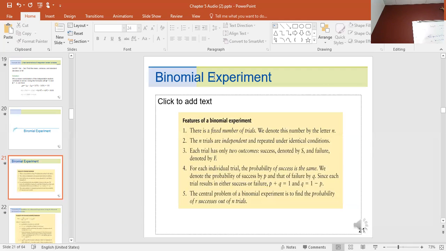Then n equals 6 and p equals 1 over 3. What is the probability that x equals 0, x equals 1, x equals 2?